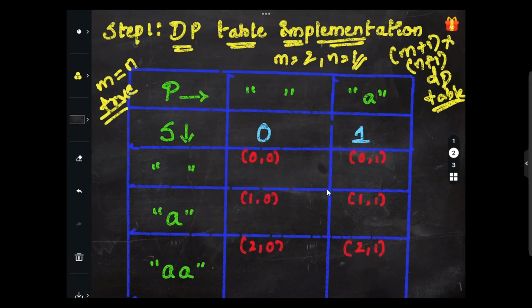Initially we have initialized the dp table. Let's fill it, but before filling the dp table, let's understand certain things. If the character matches, meaning p of j minus 1 equals s of i minus 1, or p of j minus 1 equals dot, then dp of i j equals dp of i minus 1, j minus 1.